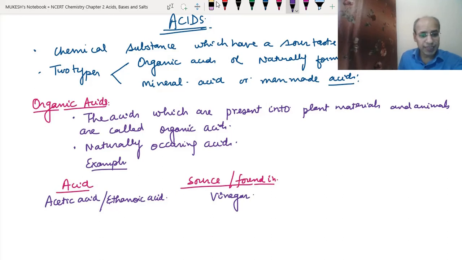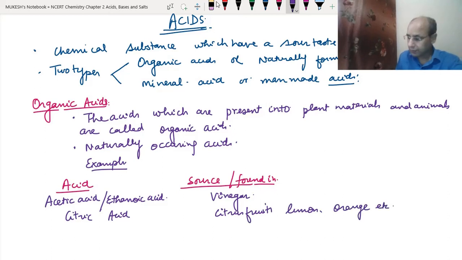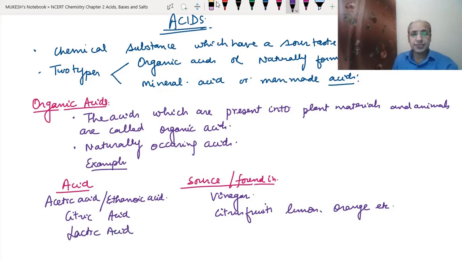Then the second one is citric acid, which is found in all citrus fruits, like lemon, orange, and so on. Whatever citrus fruits you find in the market or in nature, citric acid is found in them. Next is lactic acid. Lactic acid is normally found in sour milk or curd.